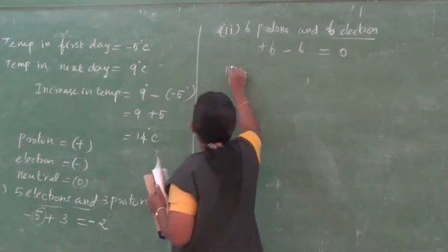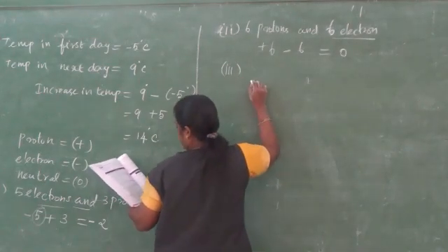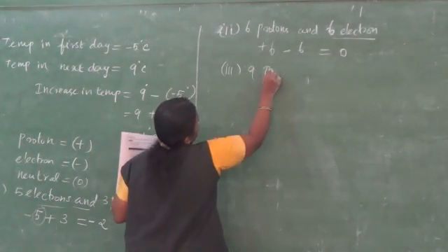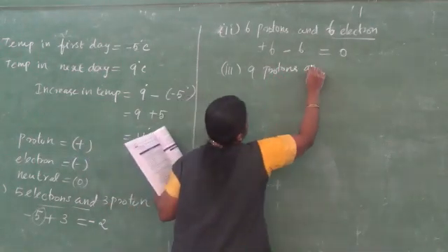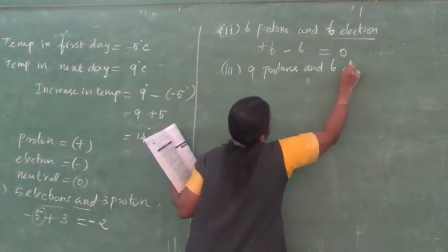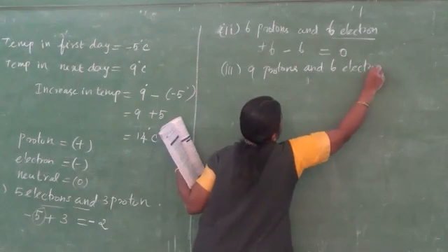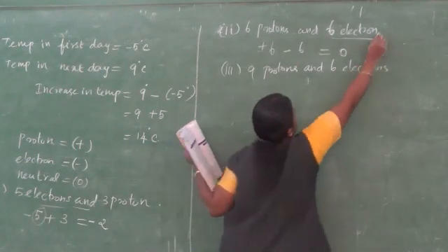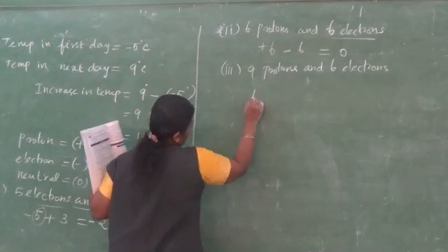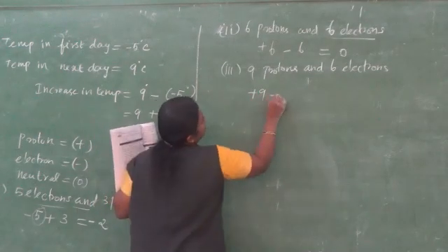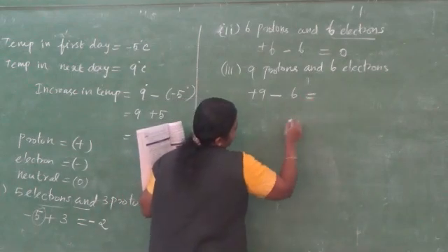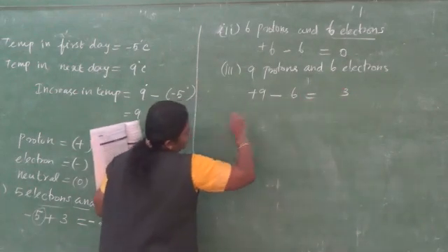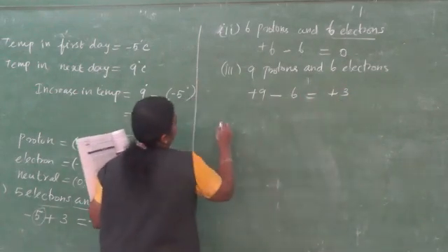Third one. 9 protons and 6 electrons. So 9 protons plus 9, 6 electrons minus 6. 9 minus 6, what is the answer? Find the difference. 3, sign is plus.